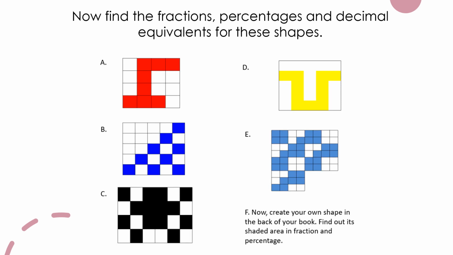Let's try these methods on a couple of these shapes. With question A, I can see that the square has been divided into 16 equal parts. I can also count that 8 parts are shaded. With my knowledge of number doubling, I know that 8 is half of 16, so I know I can simplify 8/16 to 1/2.